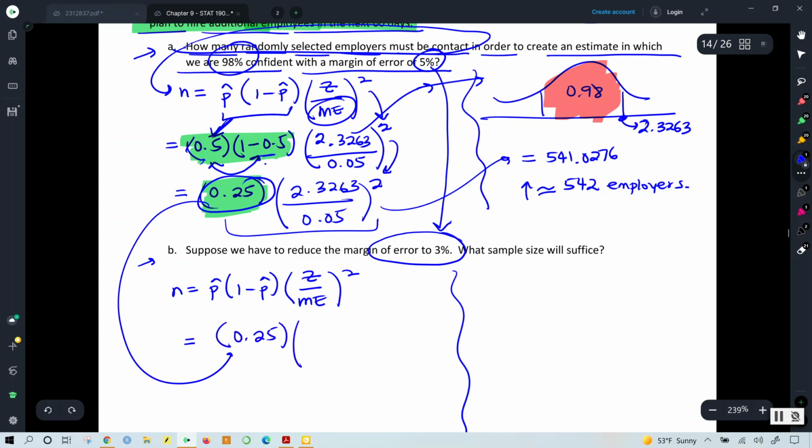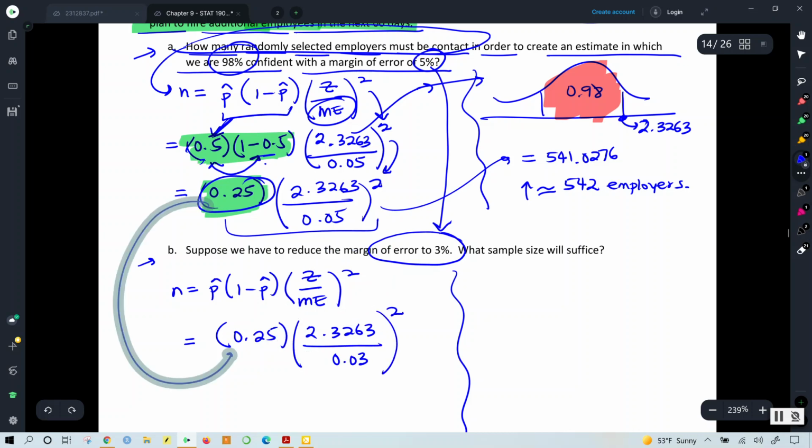My Z, since I'm still computing a 98% confidence interval, will still remain as 2.3263. The only thing changing is the margin of error to 3%, all squared.